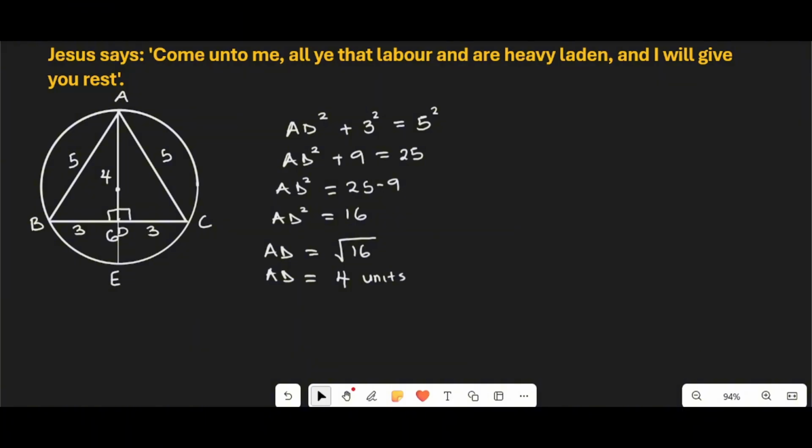I want you to recall this theorem, the intersecting chords theorem. Let me use this diagram to explain.